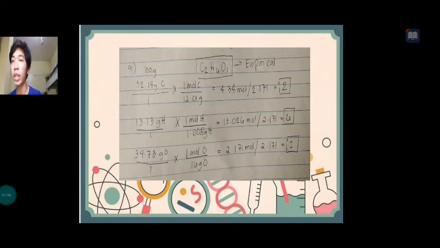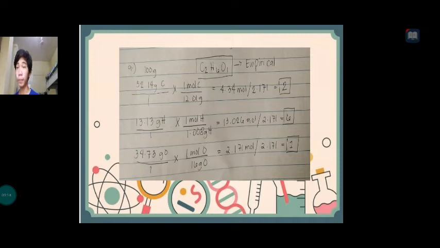The next is 34.73 grams oxygen times 1 mole oxygen divided by 16 grams of oxygen. Then cancel the grams and oxygen and simplify. Then the answer is 2.171 moles.